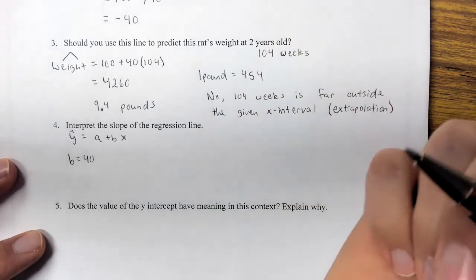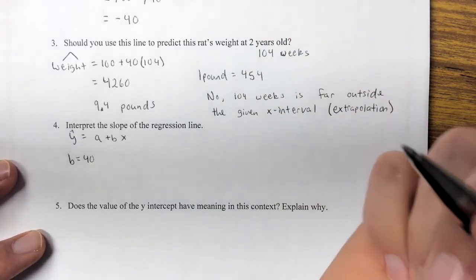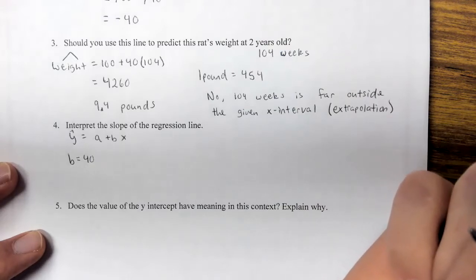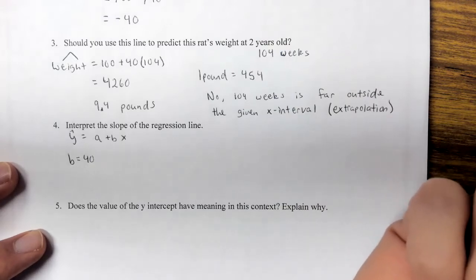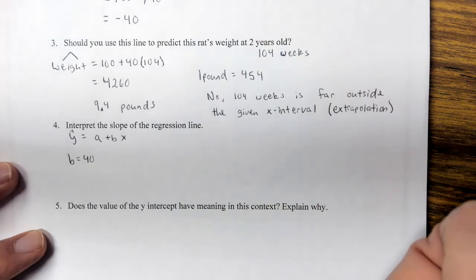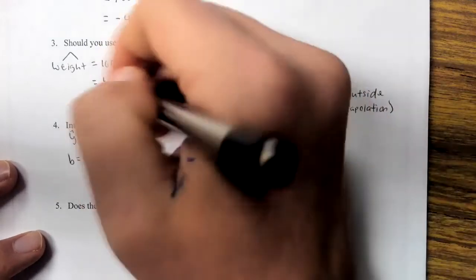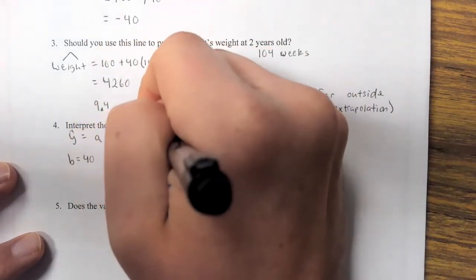For adding context to this situation, it is how much does the predicted response variable change if we increase the explanatory variable by 1 unit? So on average, it's a good way to start this off.